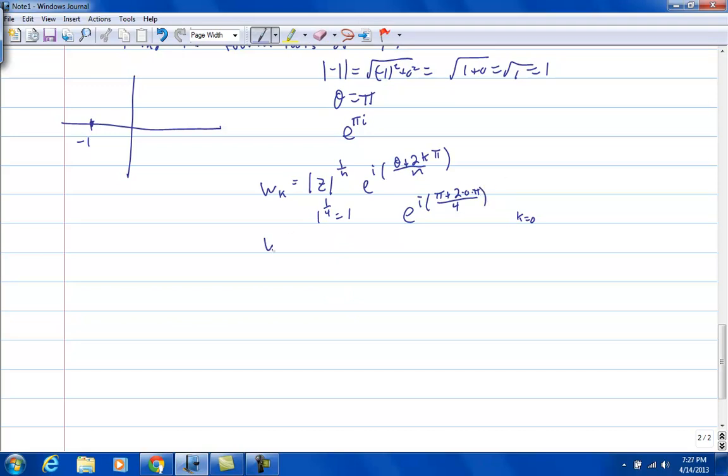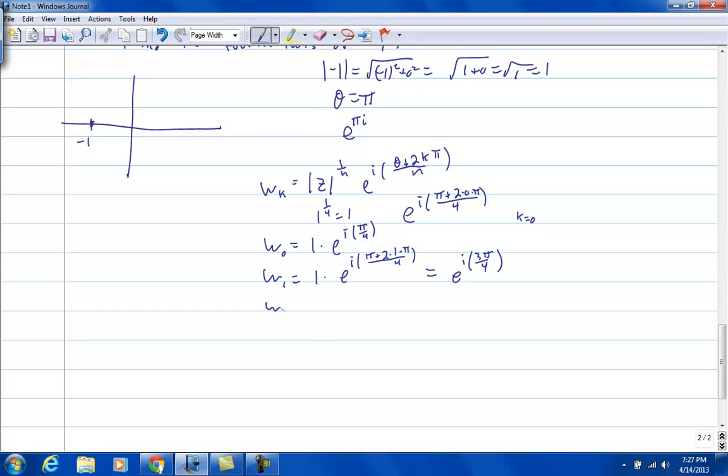So our w sub 0 is going to be 1 times e to the I times pi plus 2 times 0 times pi, all over 4, so pi over 4. Our w1 is going to be 1 times e to the I times pi plus 2 times 1 times pi all over 4. And that's just going to be e to the I times what? Pi plus 2 pi is 3 pi, so it's 3 pi over 4.